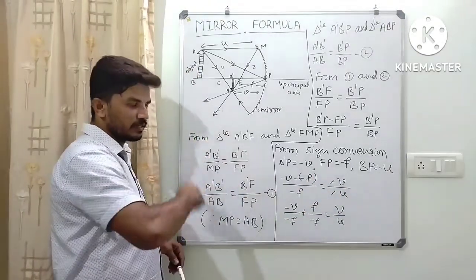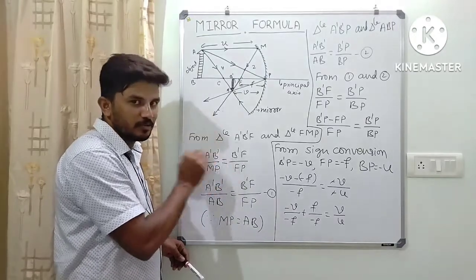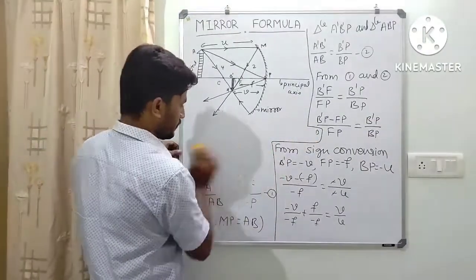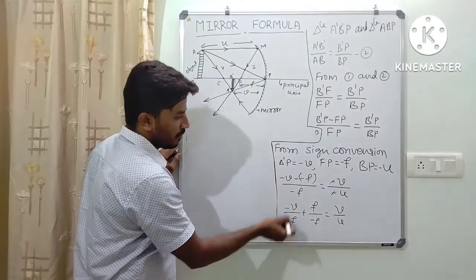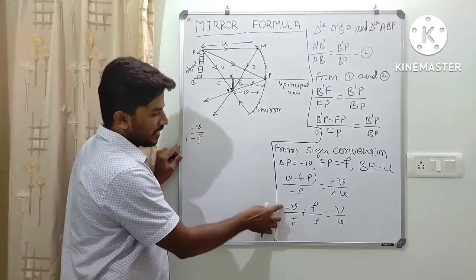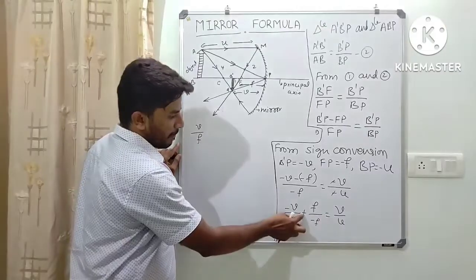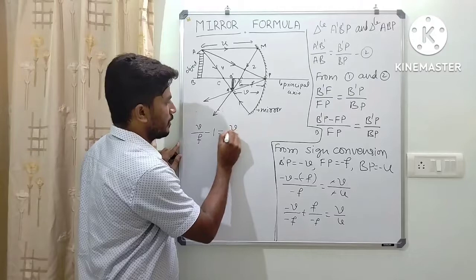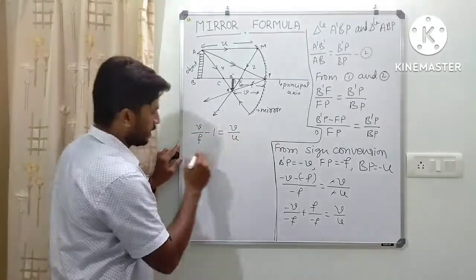Hope you have taken the notes of this part. If not, pause the video and take the notes. Now I am going to rearrange this. We have minus V by minus F, where the minus will cancel out. Plus into minus F by F is 1, is equal to V by U. Now divide this equation by V on both sides.